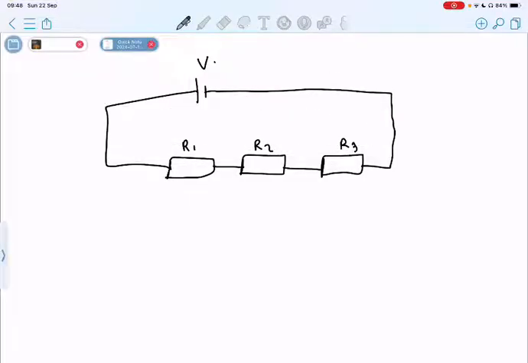Okay? So to find the voltages across these resistors, V is equal to IR. I is the same, so let's just add that up. For resistor 1, it will be I total, which is the total current, times R1. For R2, it's going to be I total again times R2, these other PDs.